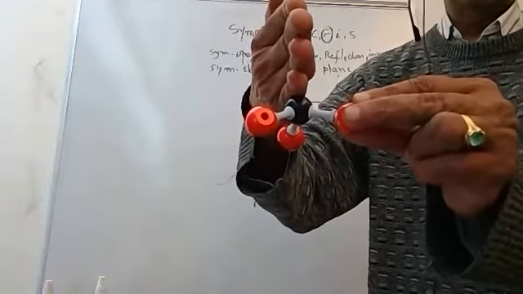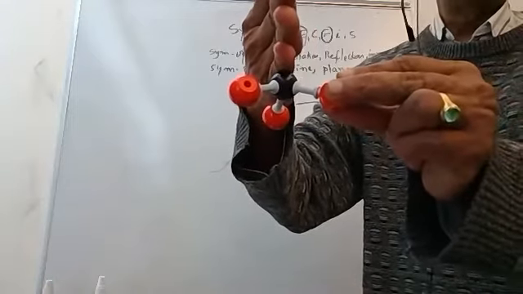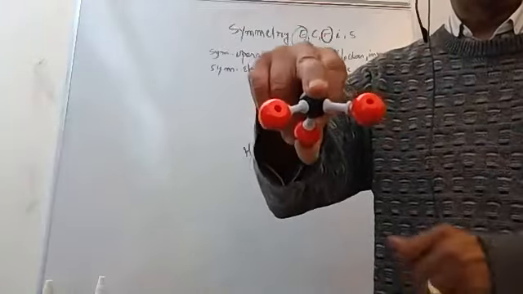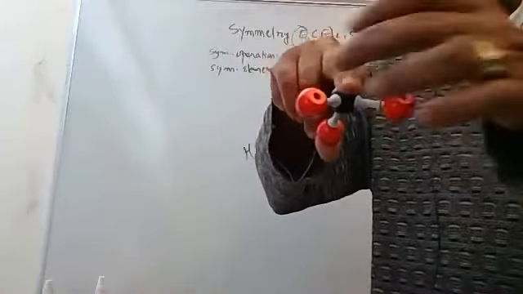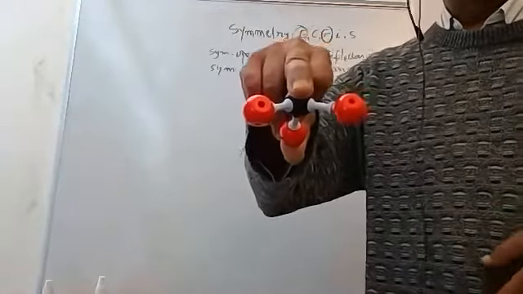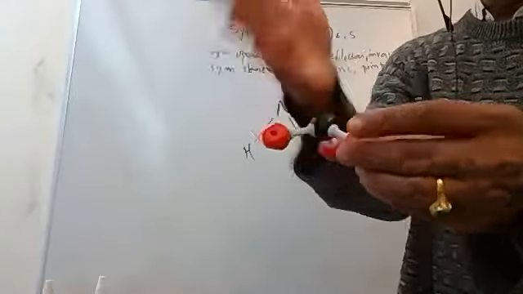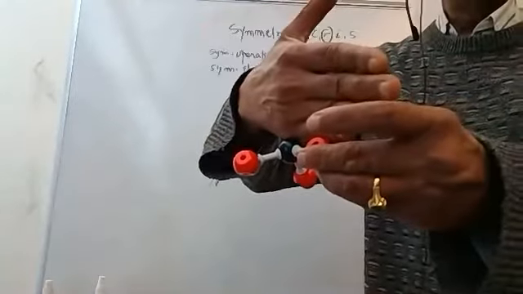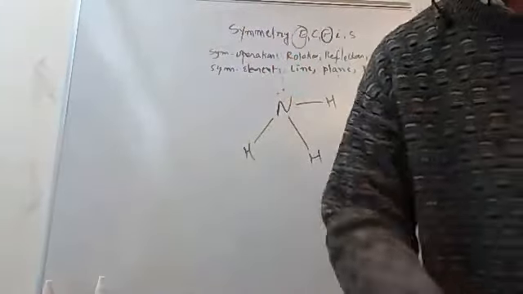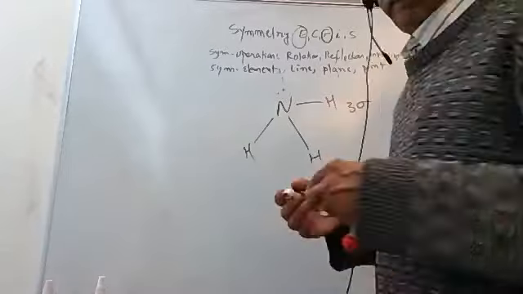Is my palm a plane of reflection then? Remember, those two hydrogens will be reflecting. So that is a sigma. And how about the second NH bond? Third, all three are reflection planes. So we say this molecule has 3 sigma.